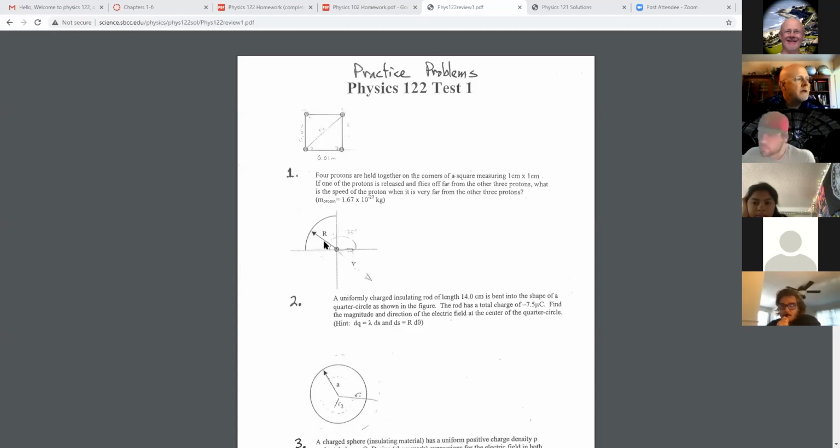But if you think of this vector as being the electric field, then there would be a horizontal component, an x component, as well as a vertical component. What I did is I put in cosine of this angle right here. So what I was calculating was just the x component.